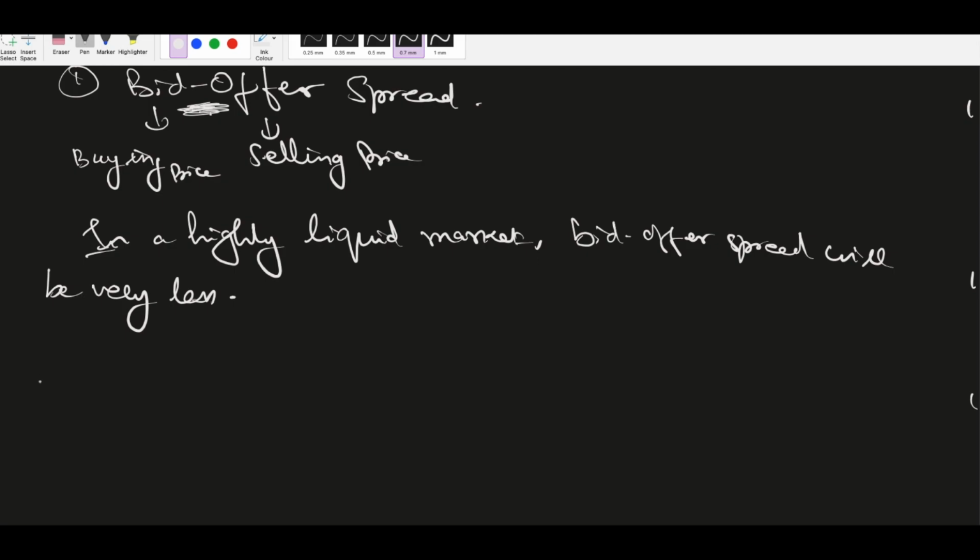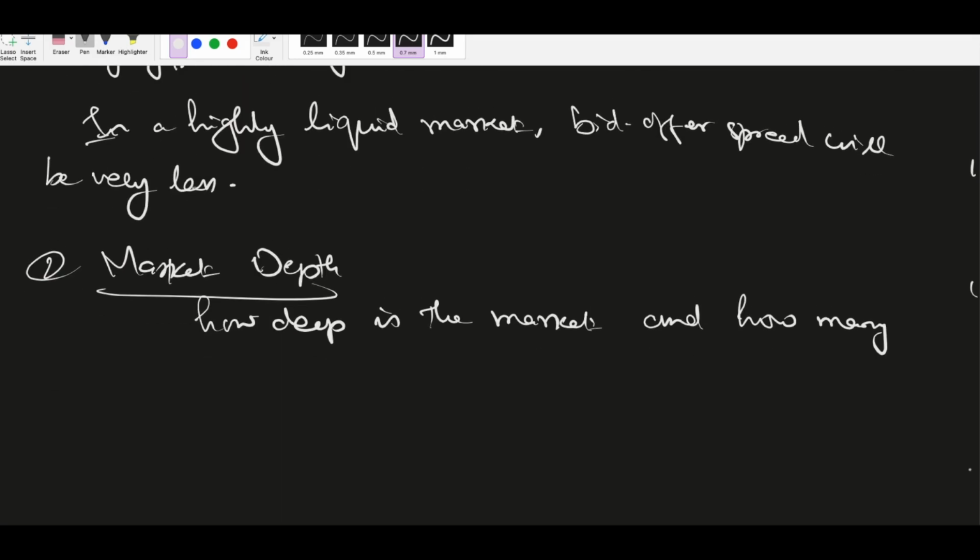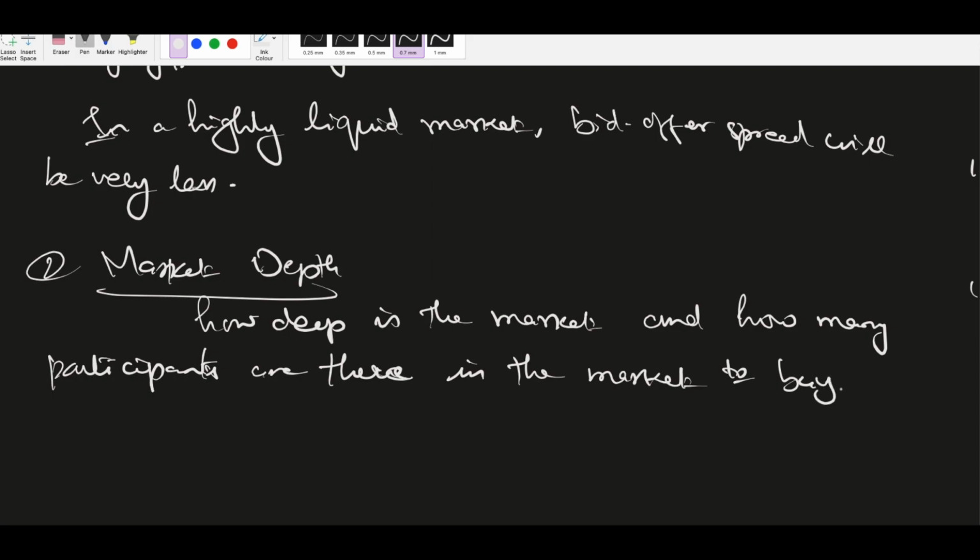When I say participants, I am referring to market depth. Market depth means how deep the market is, in other words how many participants, buyers and sellers, there are in the market to buy and sell.